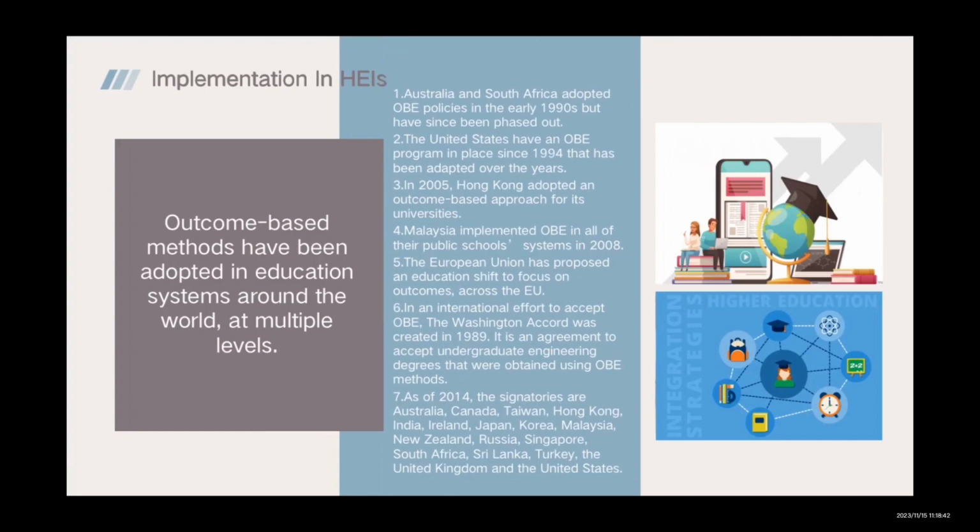And in 2005, Hong Kong adopted an outcome-based approach for its universities. Malaysia implemented OBE in all of their public school systems in 2008. And in an international effort to accept OBE, the Washington Accord was created in 1989.